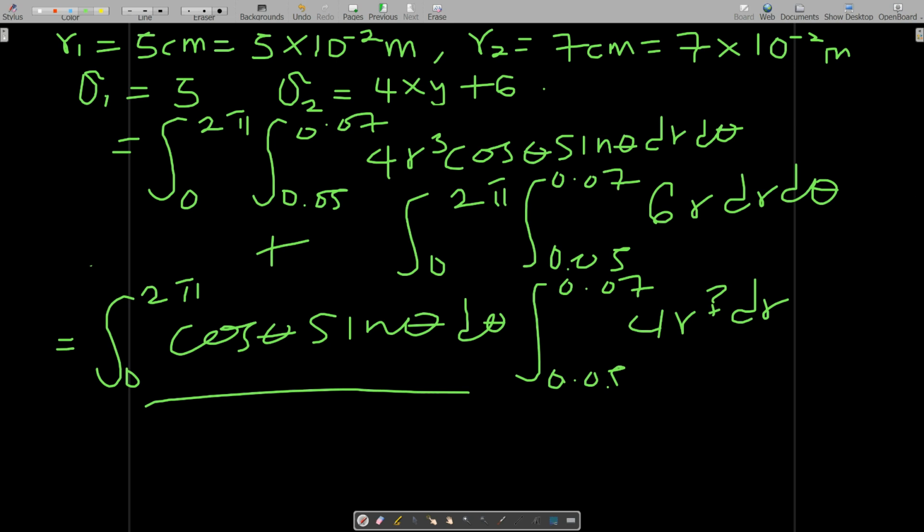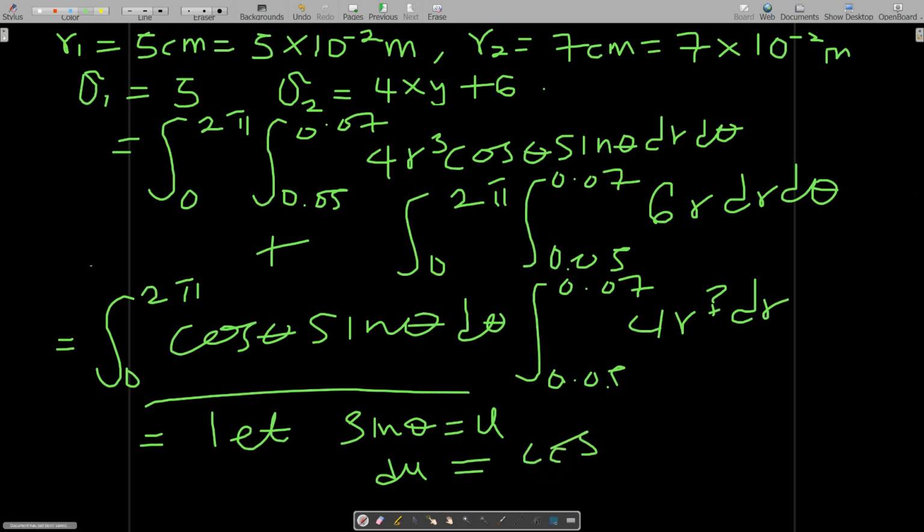With the left side, we'll let sine or cos be equal to something. So you can let u be equal to sine theta, then du will be equal to cos theta d theta. So it means d theta will be equal to what? du over cos theta.